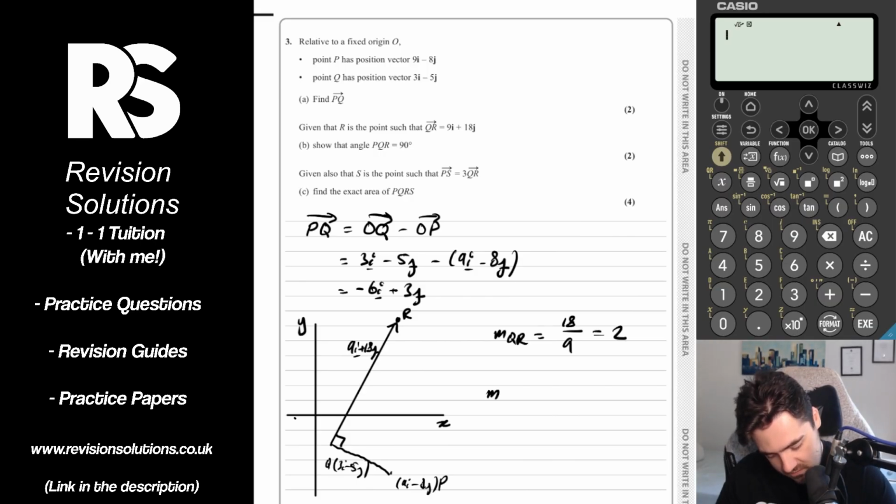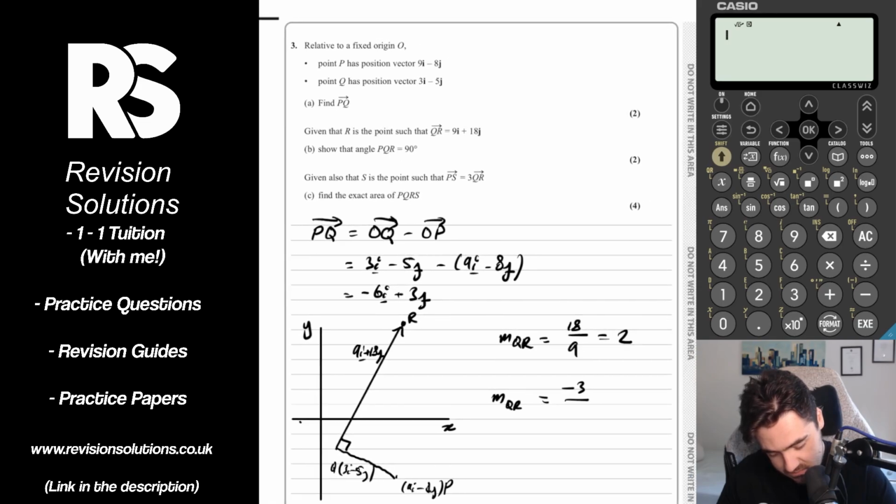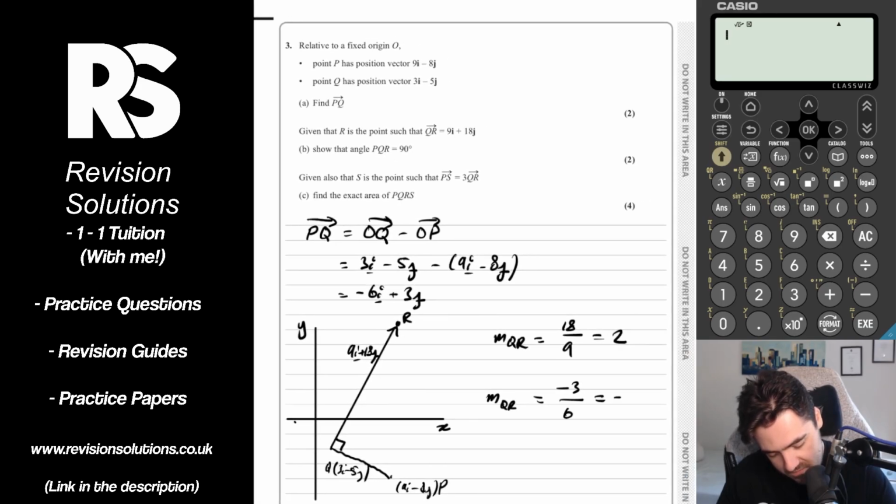Then the gradient of Q to P, where we're going down by 3, and we're going along 6, would give us a gradient of minus a half. Sorry, that was the gradient of QP here, not QR. The gradient of QR times the gradient of QP do multiply together to give minus 1, i.e. they're negative reciprocals of each other. So therefore, they must be perpendicular.